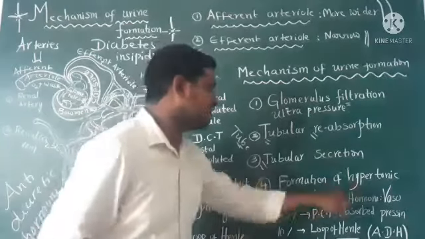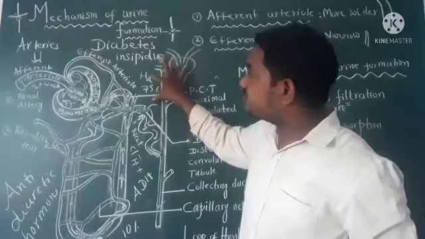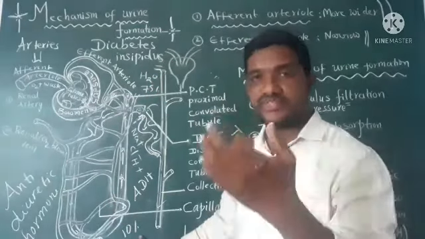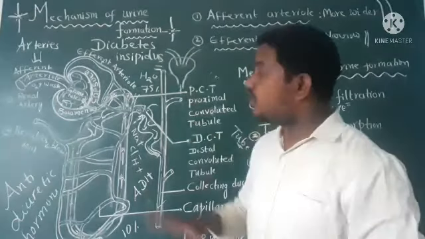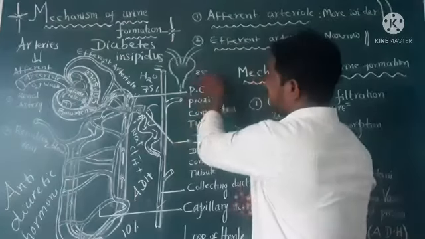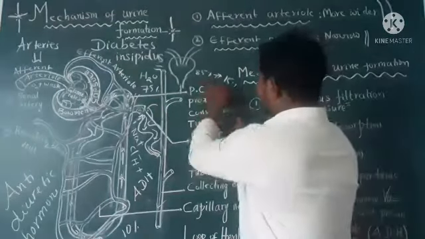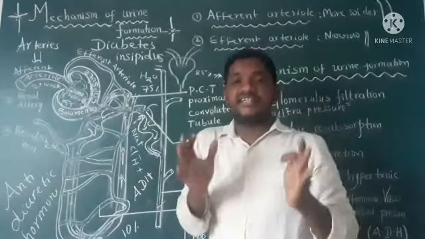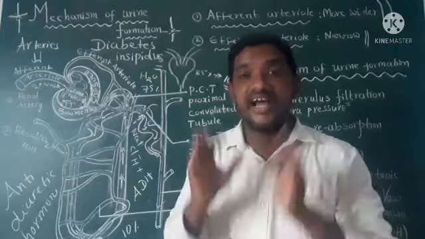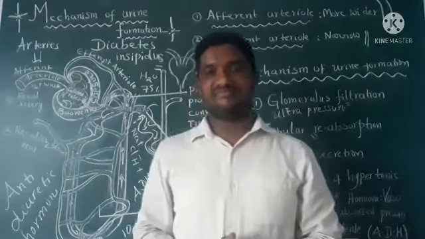Fourth one, formation of hypertonic solution. 75% of water is reabsorbed, and 10% at the loop of Henle. Out of 100, 85% of water is reabsorbed, and the remaining 15% is there. So 15% means it is a very highly concentrated solution. That is hypertonic urine. Remember it.